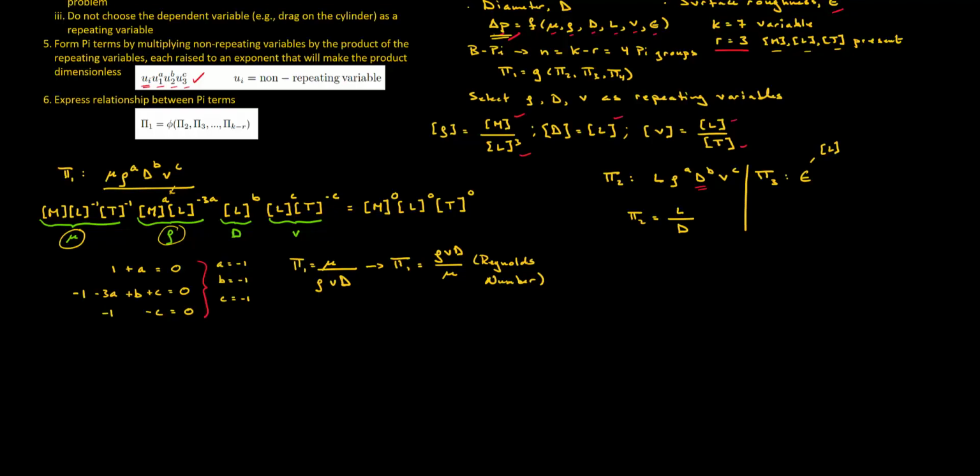So again, we could do this whole thing where we multiply by rho to the a, d to the b, and v to the c, or we can save ourselves some time and just say that epsilon should be divided by D. So a length scale divided by another length scale would give us a non-dimensional group.